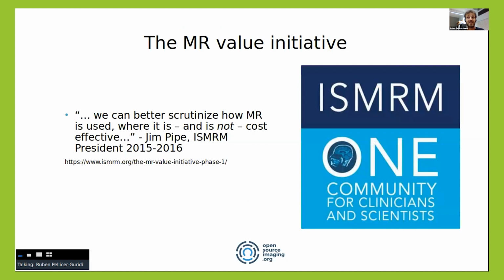Even in the wealthy countries, they have a scarcity of MRIs, as you can see in this sentence that the president of the International Society for Magnetic Resonance in Medicine said, that we have to watch out what we use MRI for, because it's expensive.